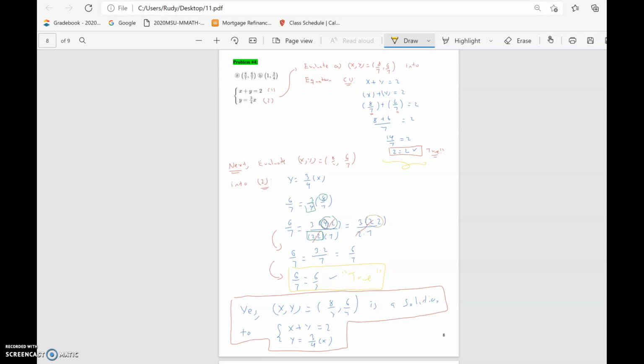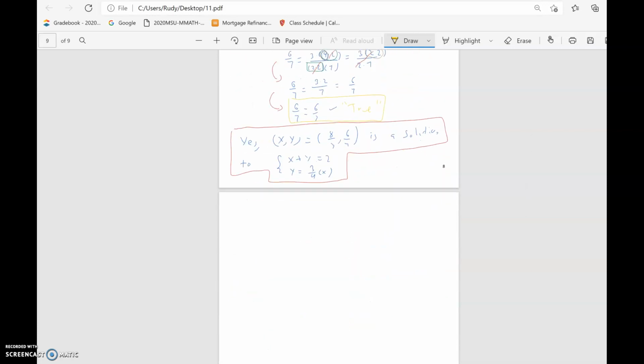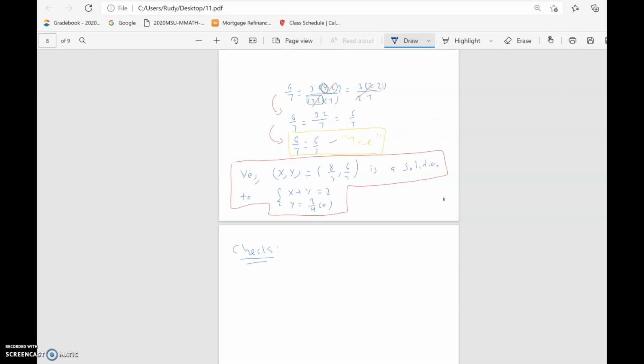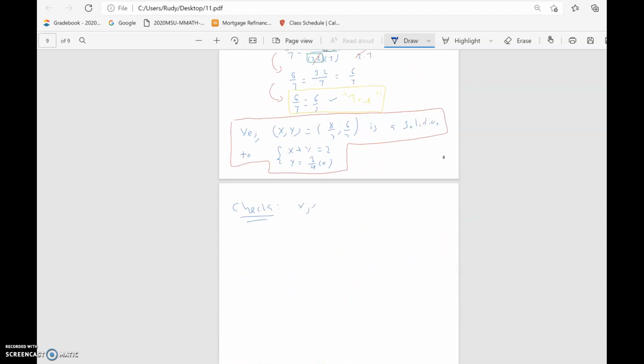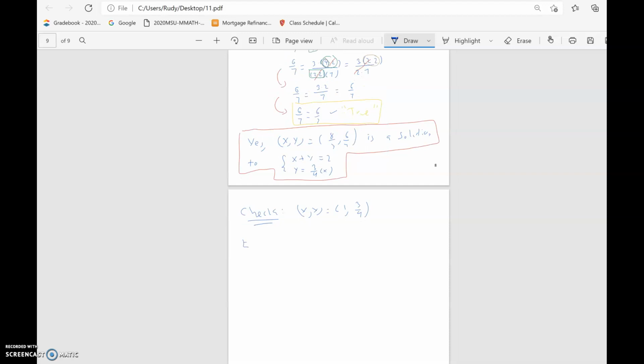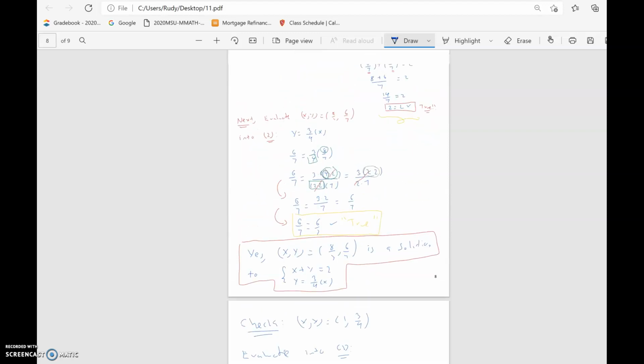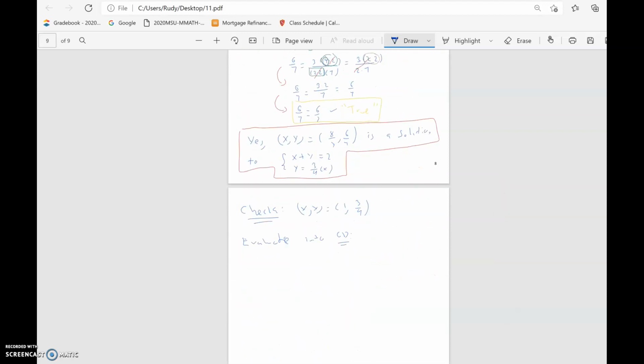Let's check coordinate point 2. In this case, the coordinate point is 1, 3/4. So x and y, this is 1, 3/4. Let's evaluate into equation 1. Equation 1 was x plus y is equal to 2.